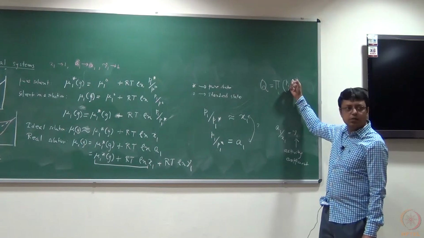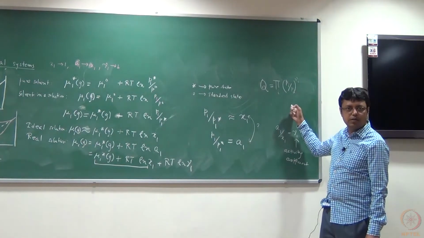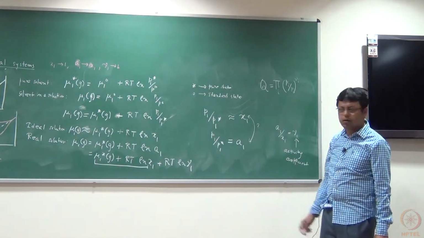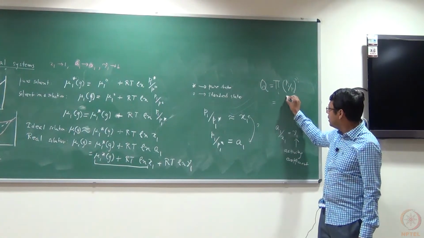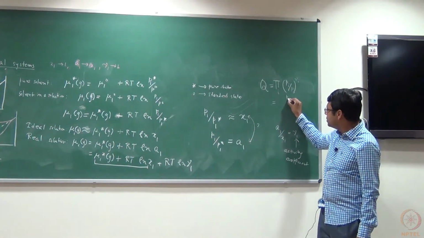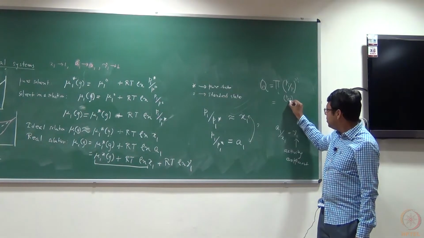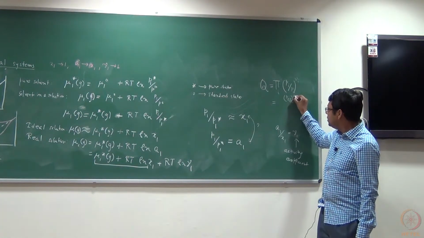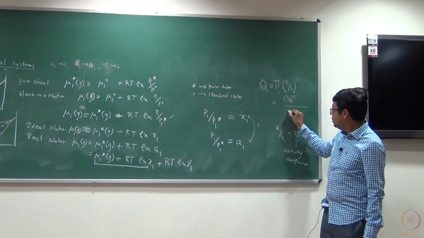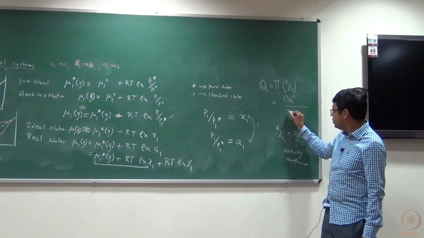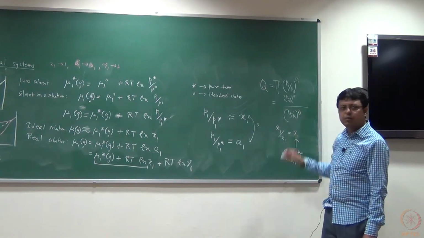For reactants it will have a natural negative sign, so it will come in the denominator. For products, it will be in the numerator. All of you know, for something like an A B C D kind of reaction, it will be p_C by p0 to the power mu_C, all these things, divided by p_A by p0 to the power mu_A, something like that.